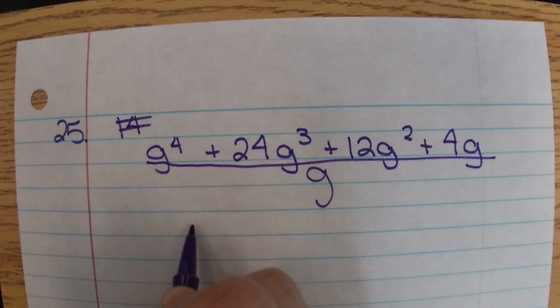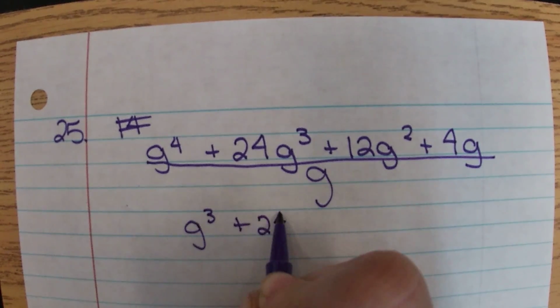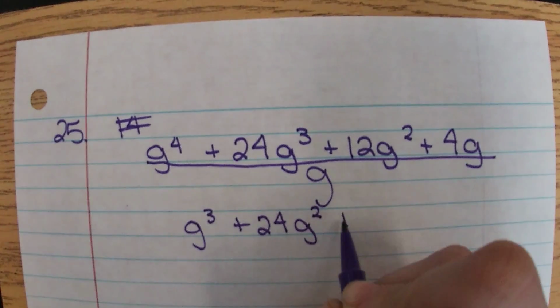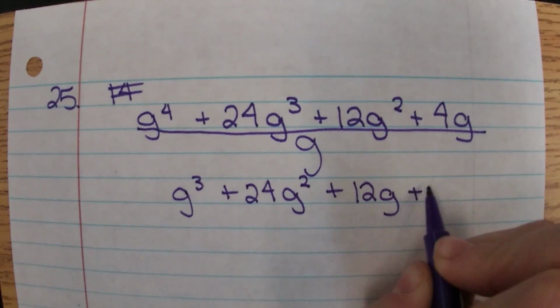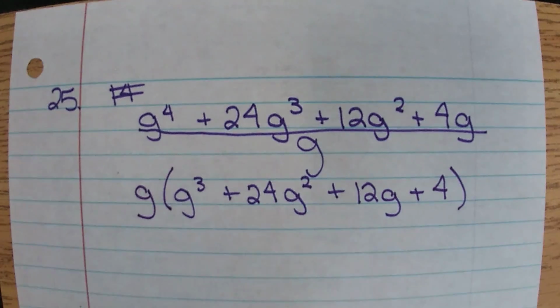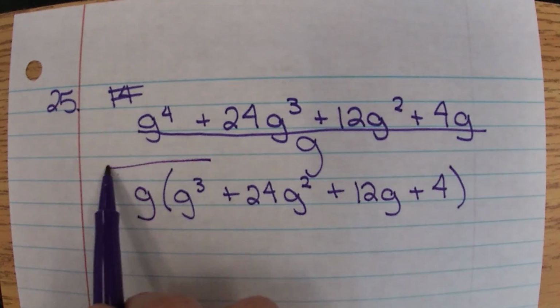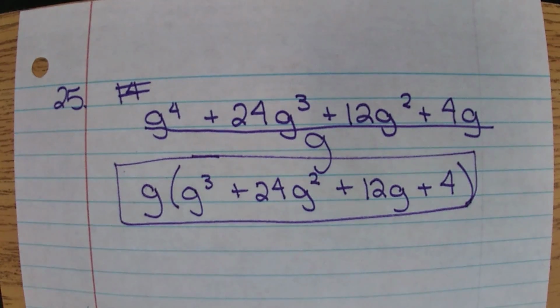So if we pull that out, that's going to give us a g to the third plus a 24g squared plus 12g plus 4. Nothing else we can pull out, so we'll put the g in front. And our final answer should be g, and then in parentheses, g to the third plus 24g squared plus 12g plus 4.